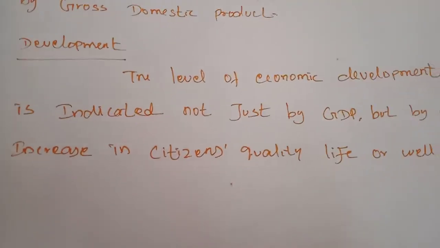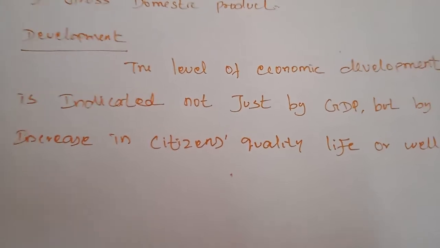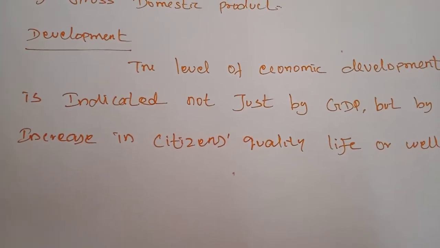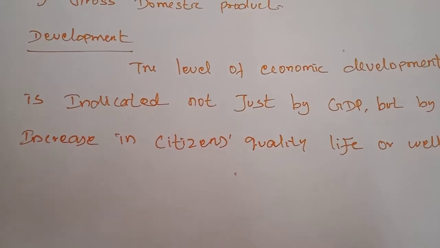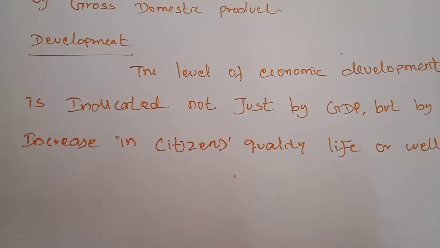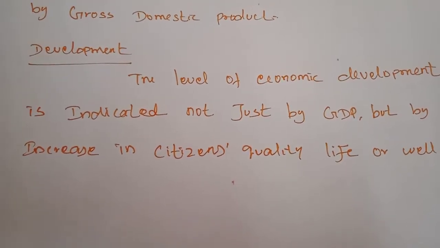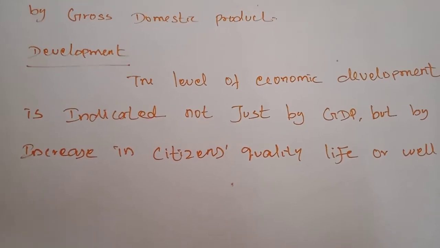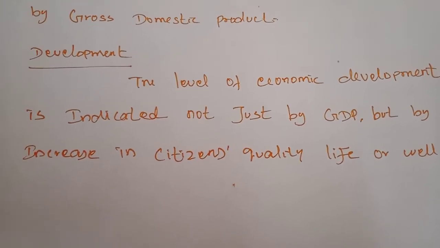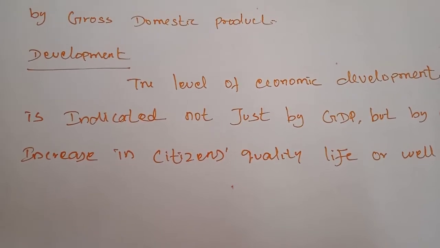Next, the development. The level of economic development is indicated not just by the gross domestic product, but by an increase in citizens' quality of life or well-being. The quality of life is assessed by several indicators such as the Human Development Index, Physical Quality of Life Index, and Gross National Happiness Index.